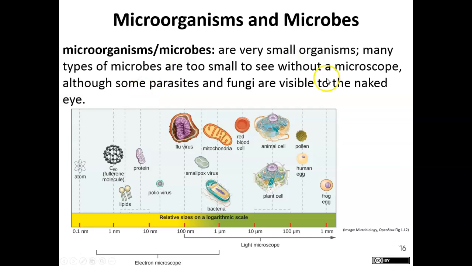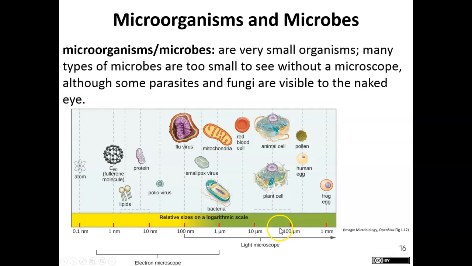So when you look here you can see things that are very large. A frog egg is super large. A lot of times you can see frog eggs. They're large enough to be seen by the unaided eye. Not always. So once we get down here though, a human egg or pollen, these are super small and most people cannot see them with an unaided eye.